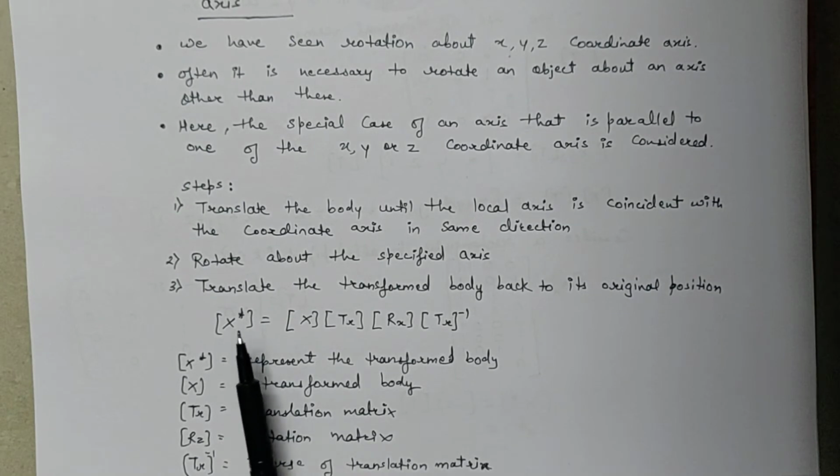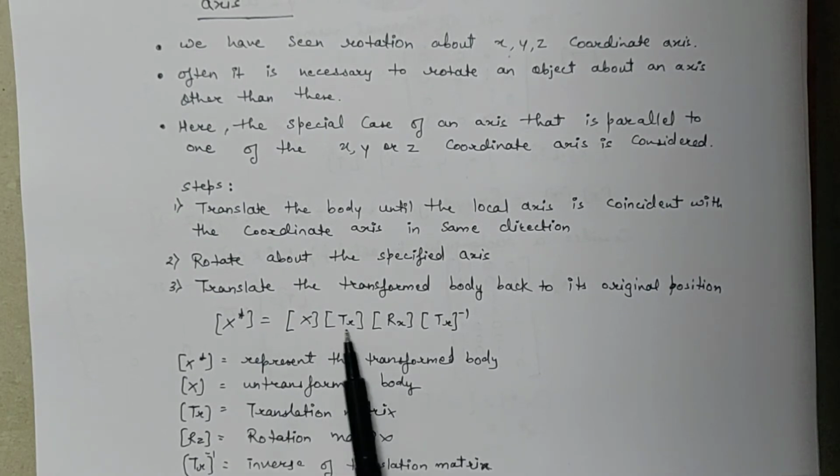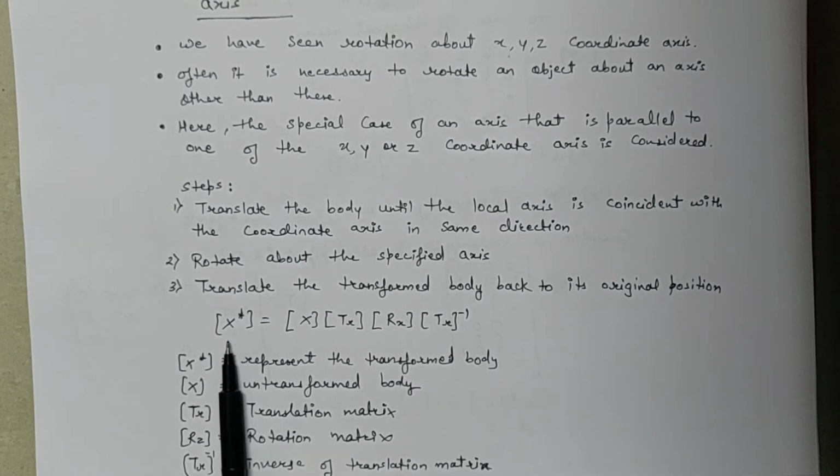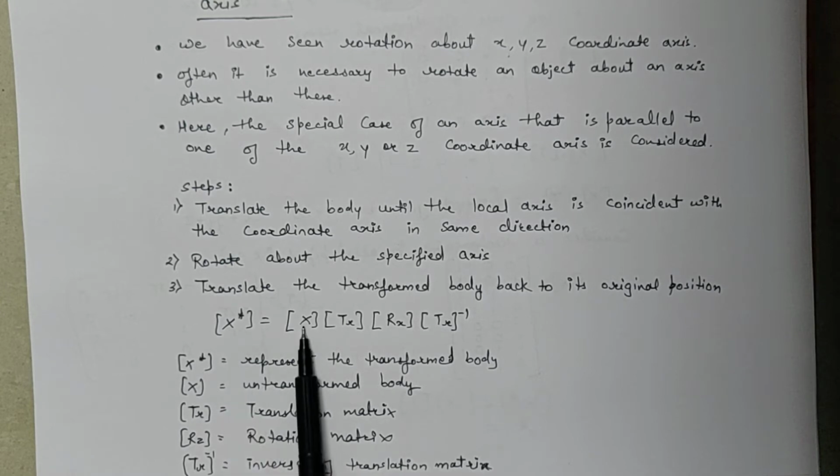So this is the formula. X star will be X into T into rotation about the x axis into inverse of T. Here X star represents the transformed object, and X is the untransformed object, that means my original object.